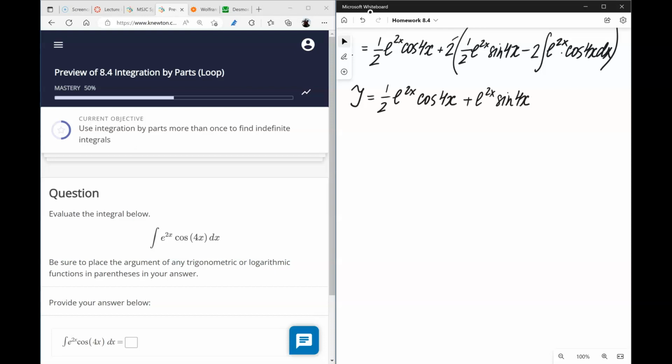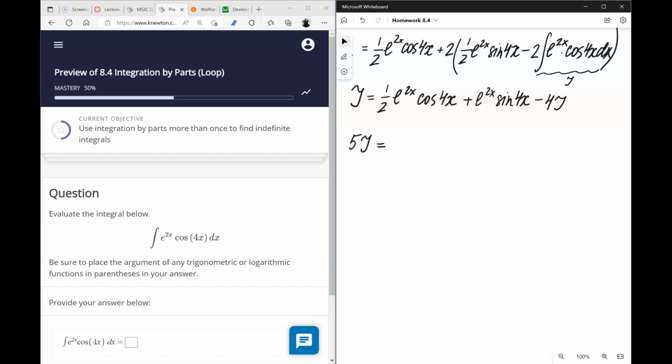Now I'm going to distribute this this way. So we have -4, but that's the original integral j. So we have -4j. So the next step, we're going to add 4j to both sides.